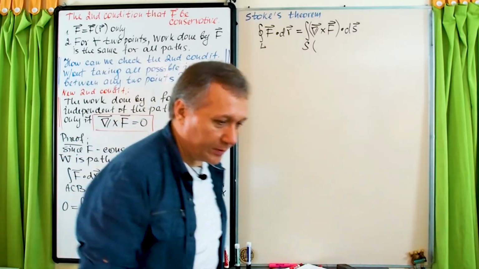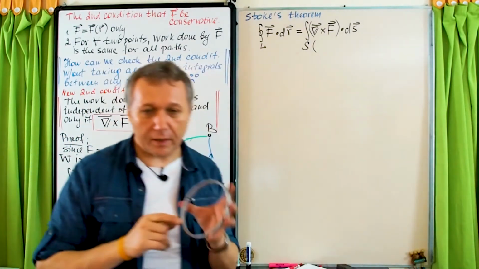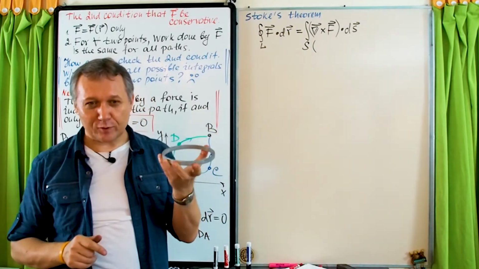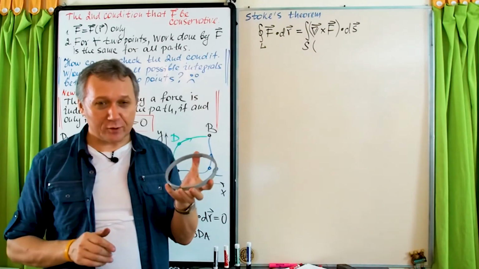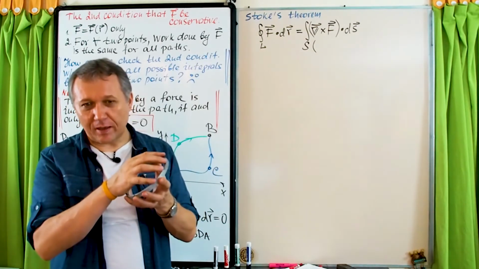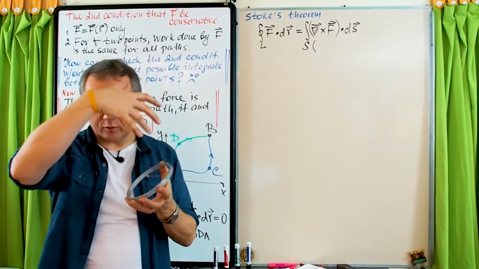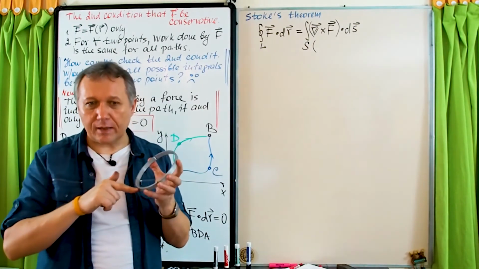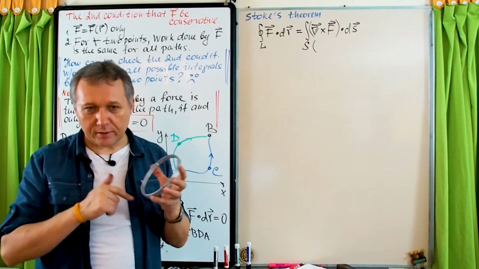For example, if I have this loop, which looks familiar, I took it from the stock room and never returned it, the surface S can be either flat or this baggy type, or even more complicated. It can be any surface, as long as it is bounded by this closed loop.